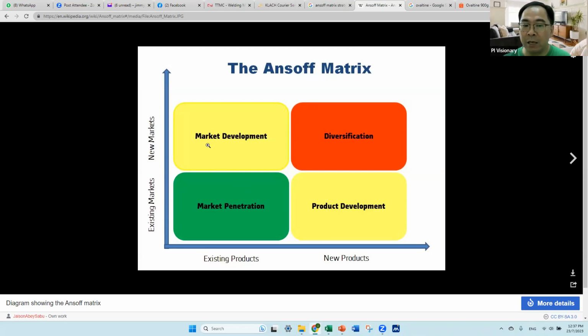If the new market, last time they focused only on Kuala Lumpur, for example, and then they see the new market in Perlis, Kedah, Kelantan. So they use the existing Milo, they offer free drink to the sekolah rendah in Perlis, Penang, Kelantan. After that, tak cukup, they go further to Johor, Melaka, Negeri Sembilan.